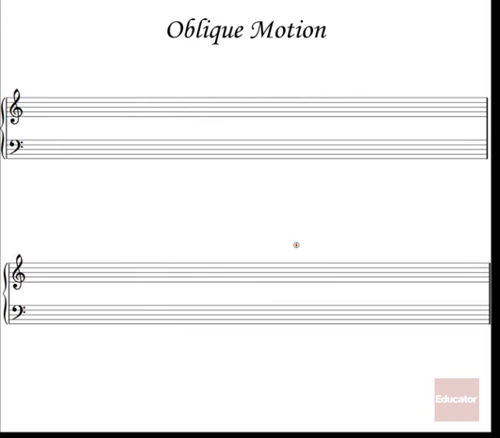Okay, and another kind of motion is oblique motion. So this is when one voice moves and the other stays the same.